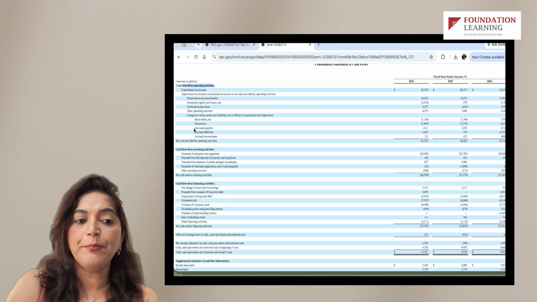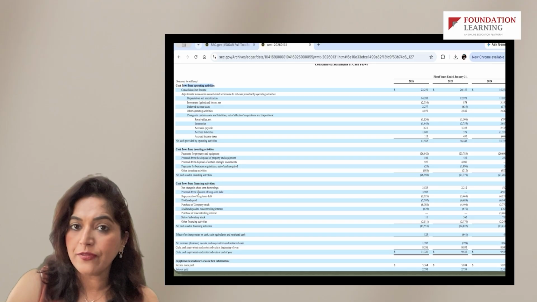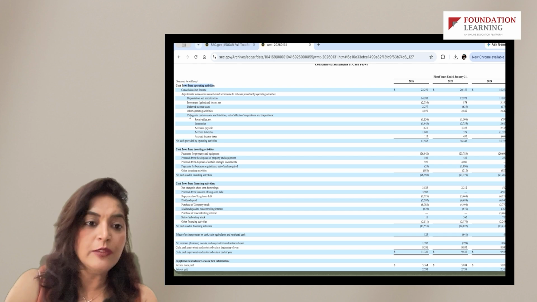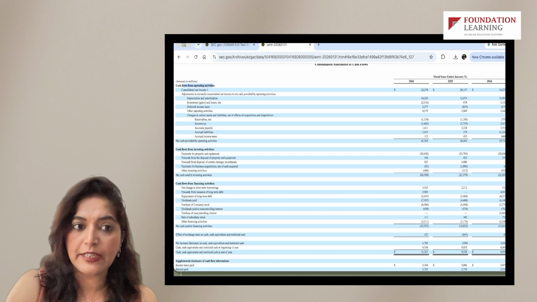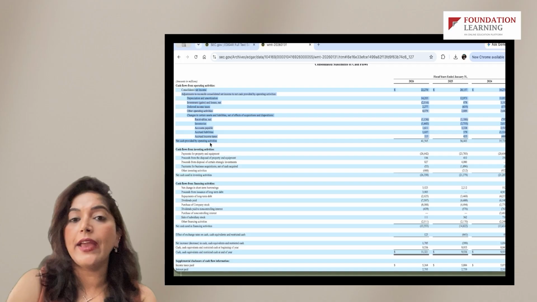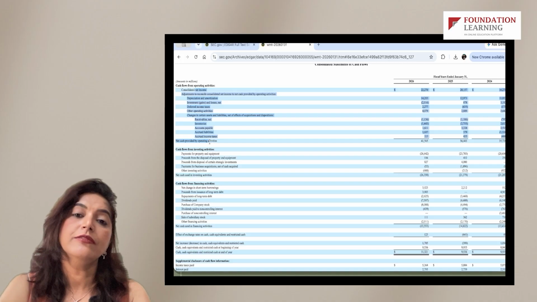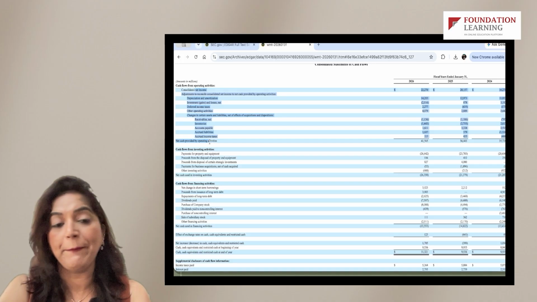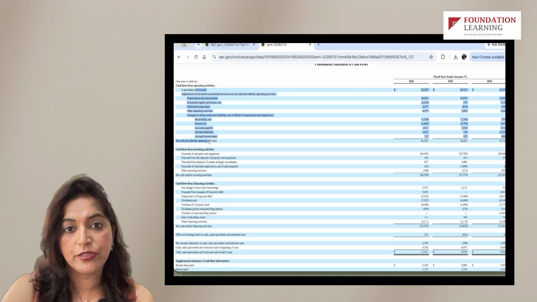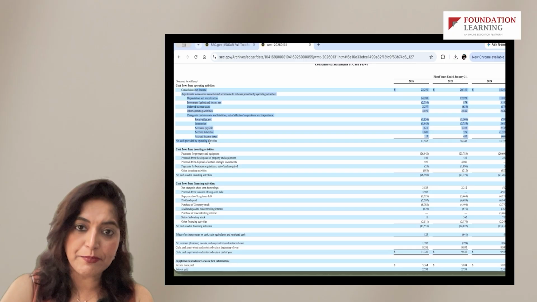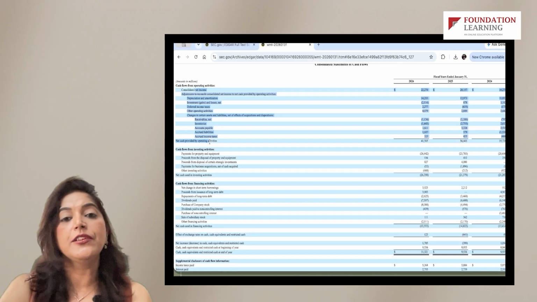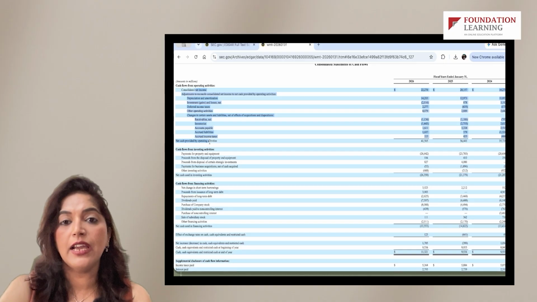So we have three major components of segments under cash flow. The first one is cash flow from operating activities. Now GAAP requires an indirect format of mapping of cash flow from operations, right? The direct method is not accepted for SEC reporting. You need to present it via the indirect method.